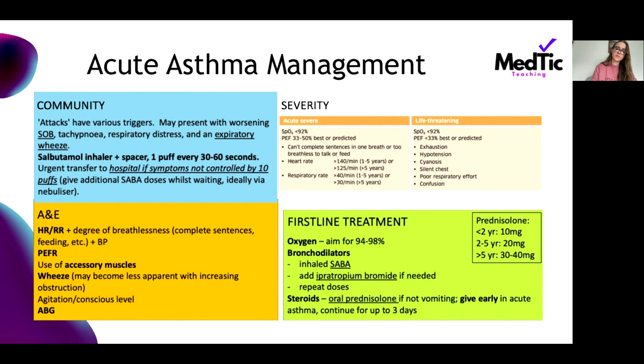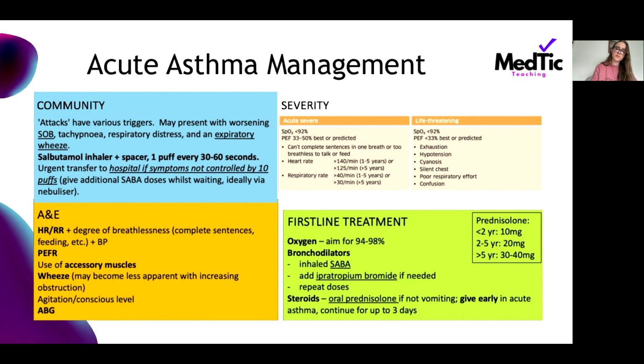In A&E, we can give bronchodilators via nebulizers, so something like salbutamol, and then ipratropium is usually added. And then we can give steroids as well. It's important to give them early on in acute asthma. I've just popped the prednisolone doses by age on the screen there.